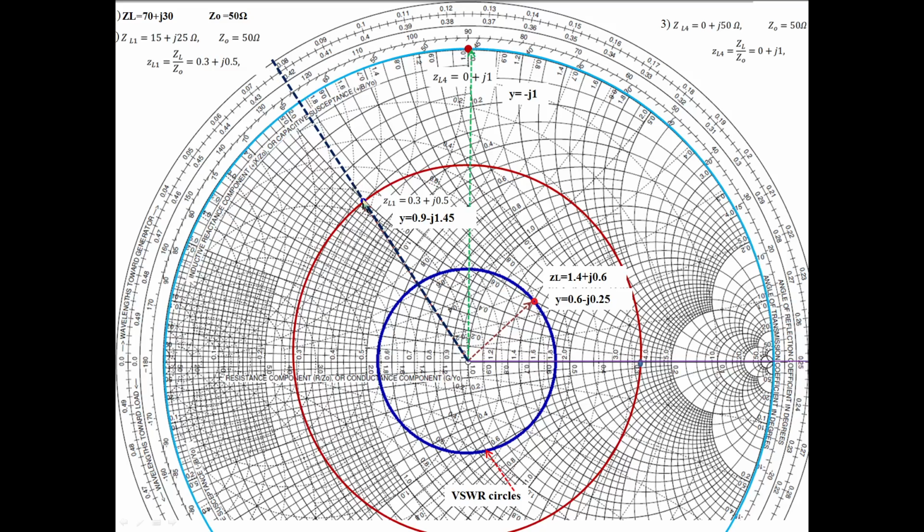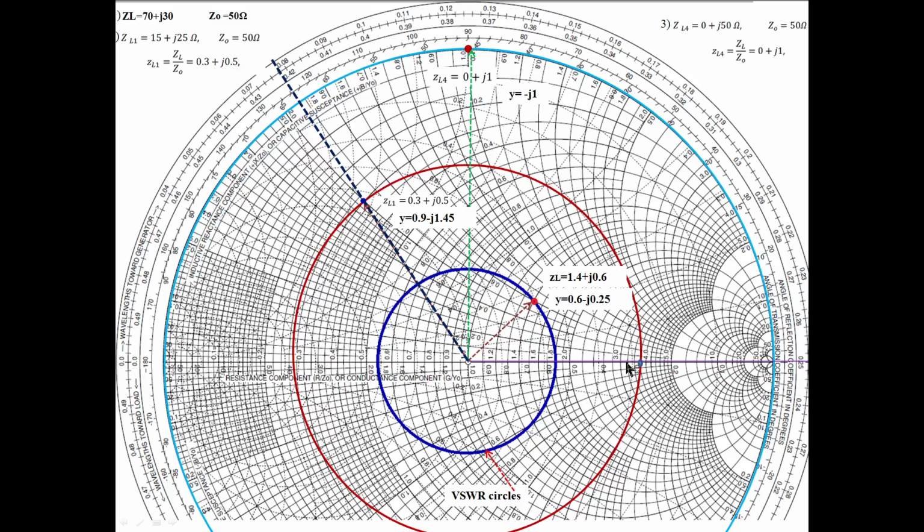So what is the distance from here to here? You should measure. You draw a line from the load point. The load point is at 0.078, and this is 0.25. So 0.25 minus 0.078 gives the distance of the maxima, at what distance that maxima is.